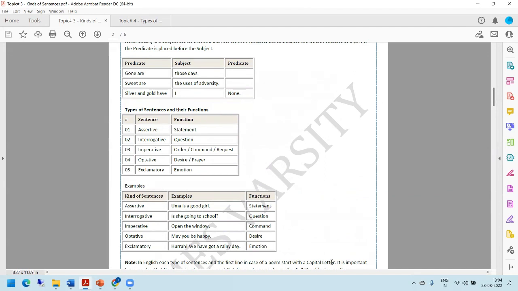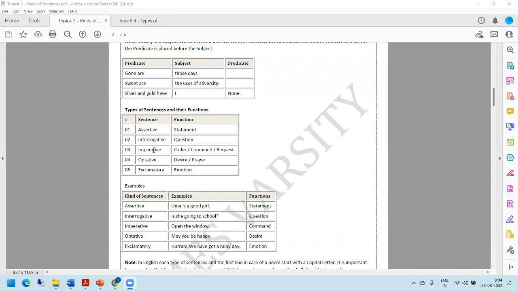One type is assertive. Assertive meaning simple statements or positive statements, and such sentences are called assertive sentences. Then the second one is the interrogative sentence. Interrogative means asking questions. When we ask a question, that type of sentence is called an interrogative sentence, where a question is asked.